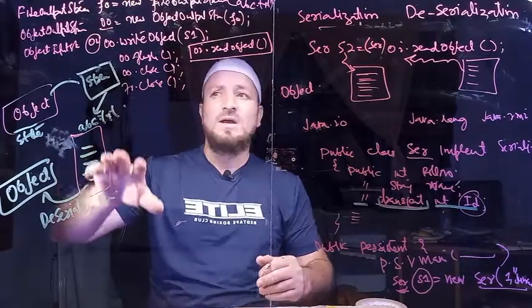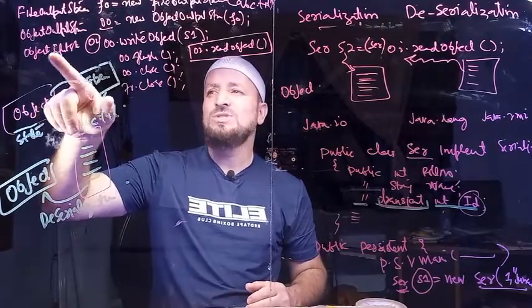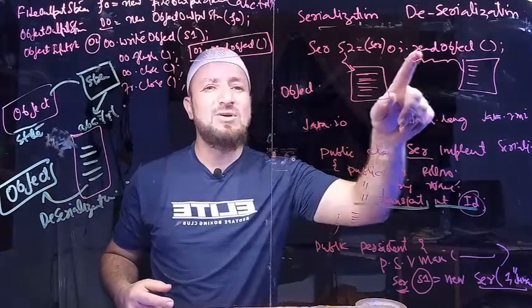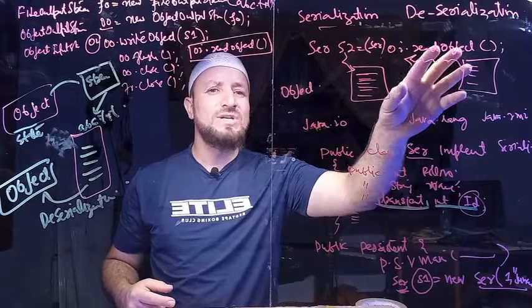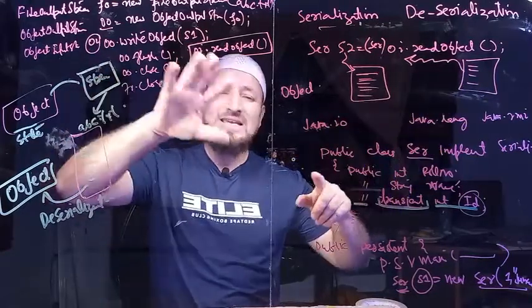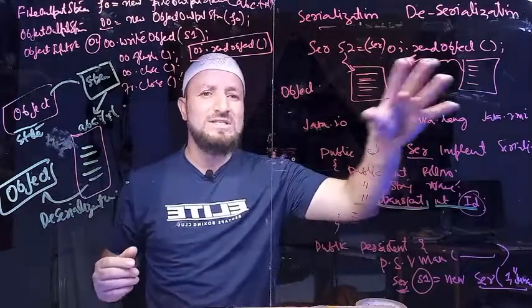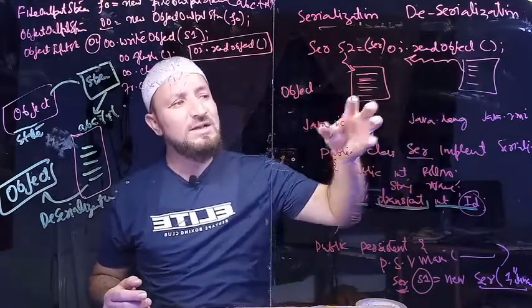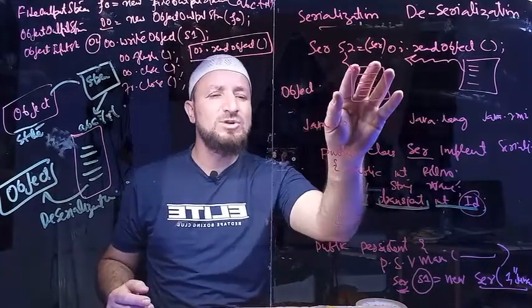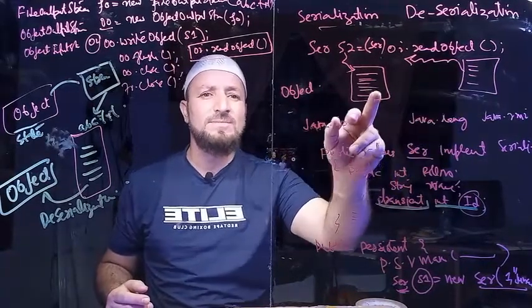Now this ObjectInputStream, which I named OI, has a method called readObject. This readObject will read from the file whatever this OI is linked with. It will open this file, read from it, and create an object for us. This is an object which is created out of this file.